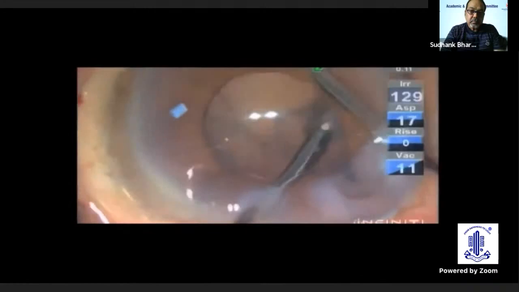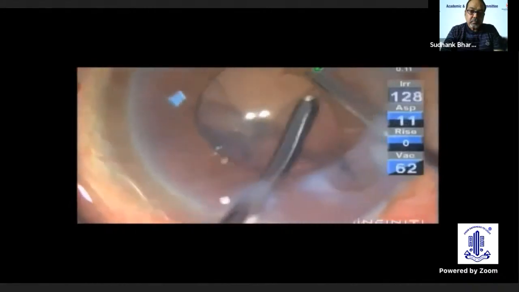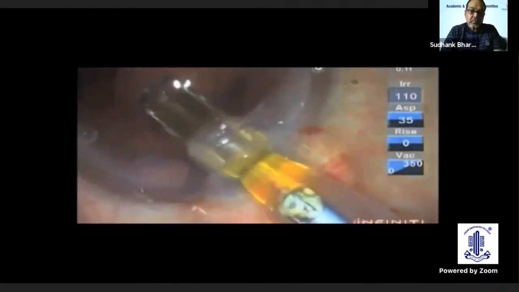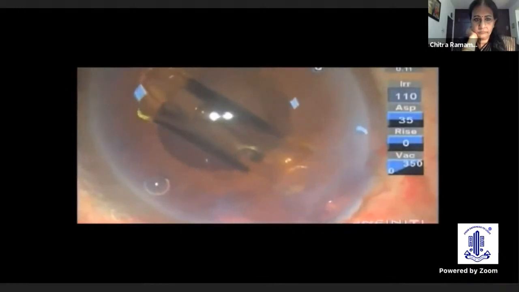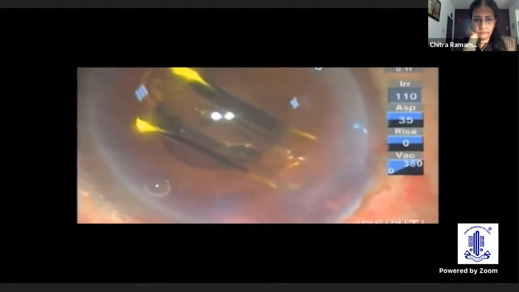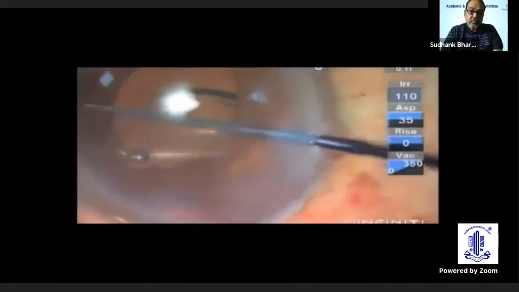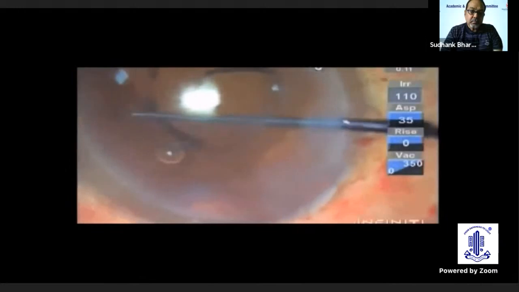Now, special care is taken that the vacuum buildup is minimal during the cortical removal. A single piece IOL is injected, allowed to unfold itself in the antechamber, and gently slide it into the bag without disturbing the posterior capsule and vitreous.